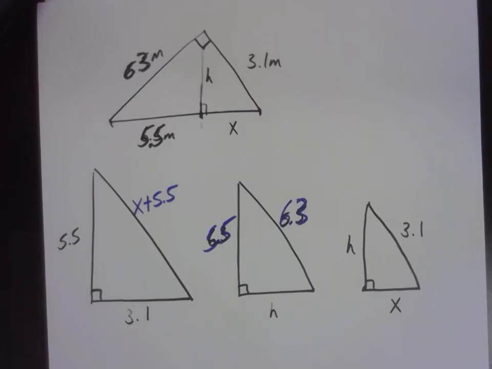Can you guys find any proportion where you only have one variable? You can find H, but then you have to go back and find X. So you got to find H first, don't you? Okay, so this H over, how do you want to do this? 5.5 over H?